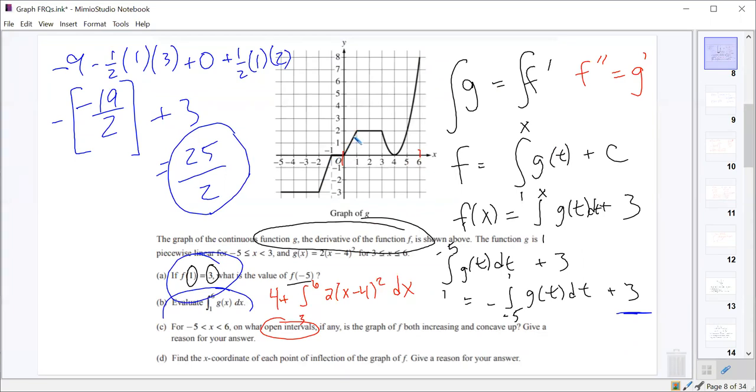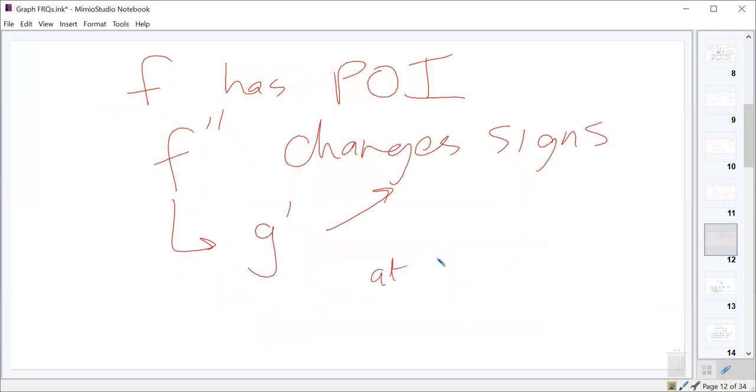Still no. Positive to 0? Still no. 0 to negative? Still no. Negative to positive? Yes. So one time at x equals 4. And that's the end of that problem. Good or no?